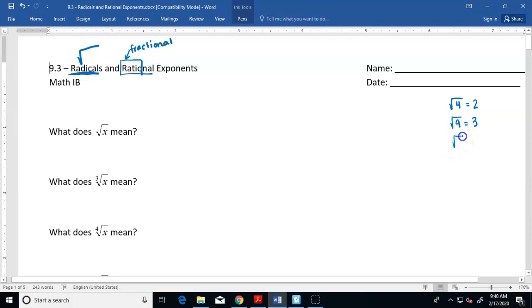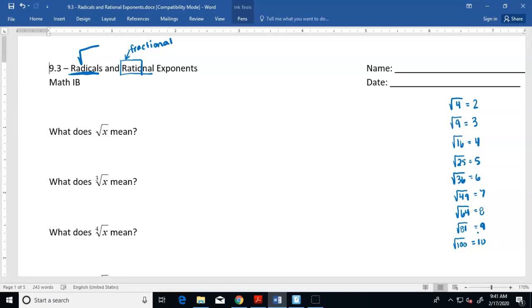The square root of 16? 25? 36? 49? 64? 81? We're going to stop here. Square root of 100 is 10. We could keep on going with this all day, right?